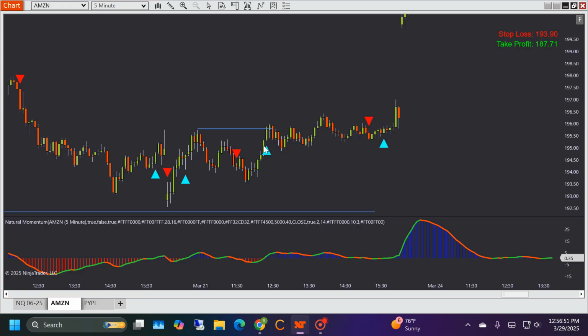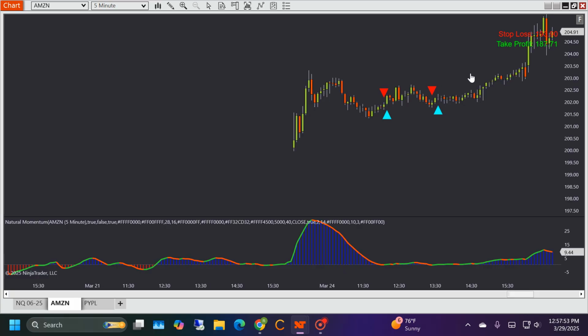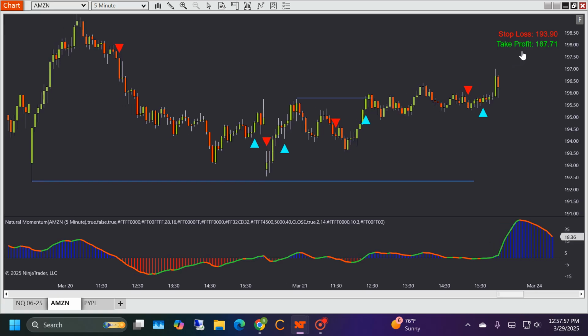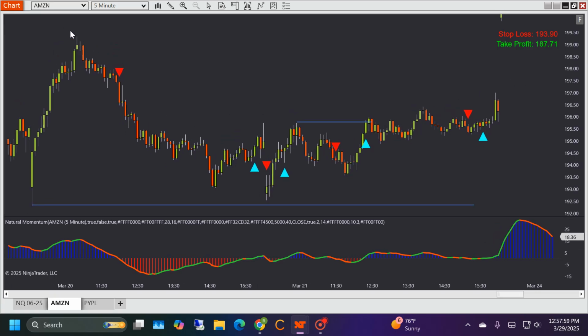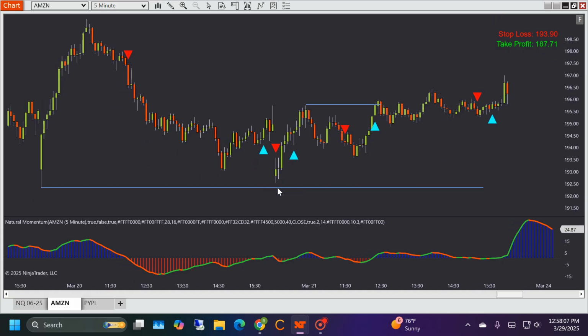We see it come back into the gap, consolidate around. And then finally we get one more cross above, and then it just completely takes off. And so using that logic would have saved us from a major loss in here. This high just gets completely crushed and never would have gone to our take profit level.